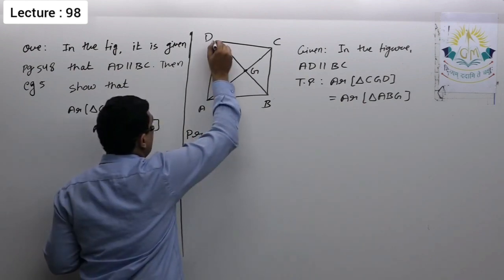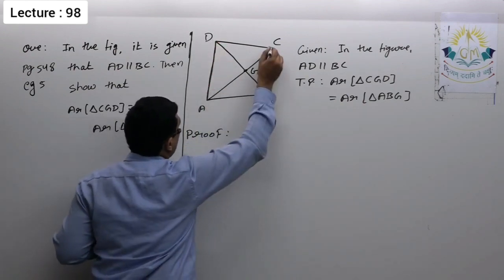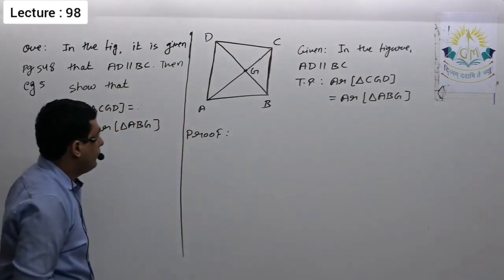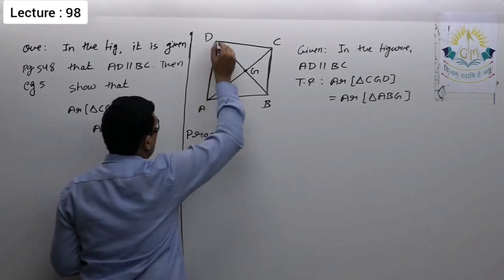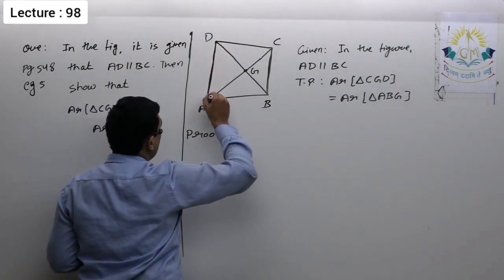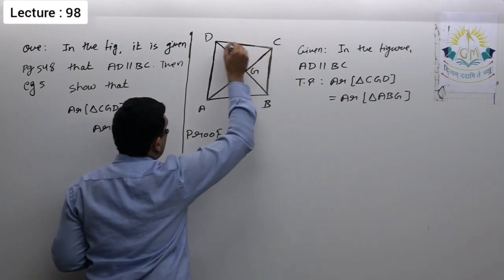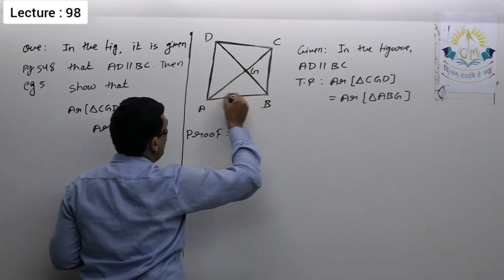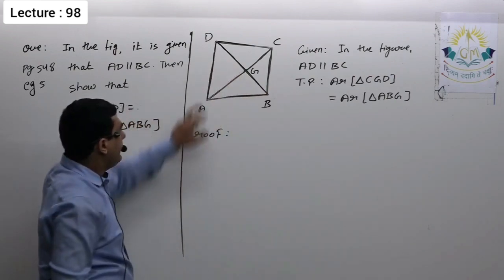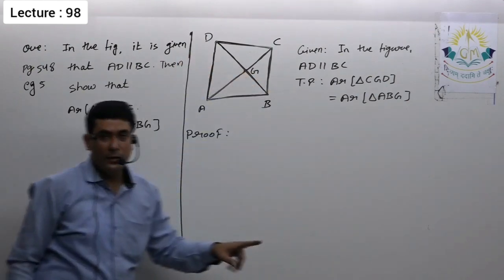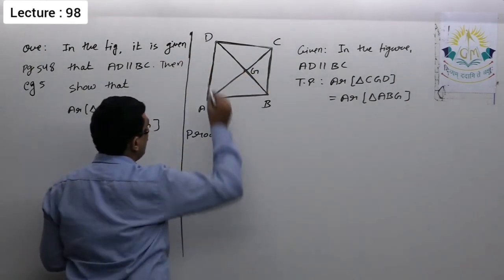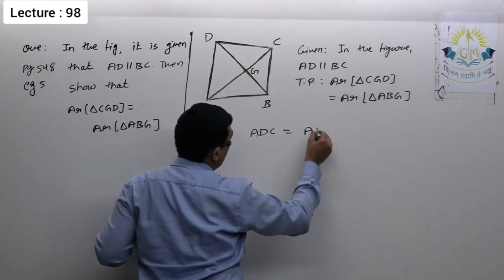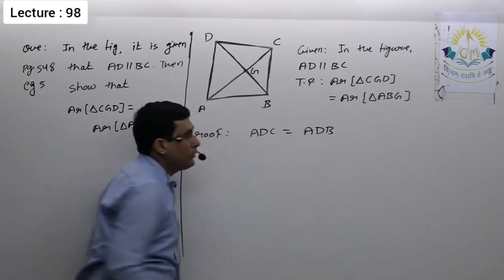See, it is given here AD is parallel to BC, isn't it? So if you observe carefully, these two triangles, that is ADC and ADB, are on the same base AD, and between same parallels AD and BC, so they must be equal in area. That means area triangle ADC is equal to area triangle ADB. But you will say this is not what is required to prove.